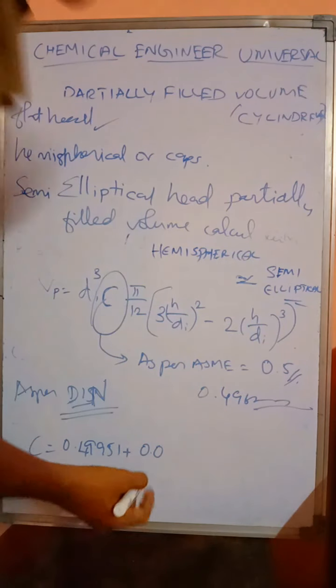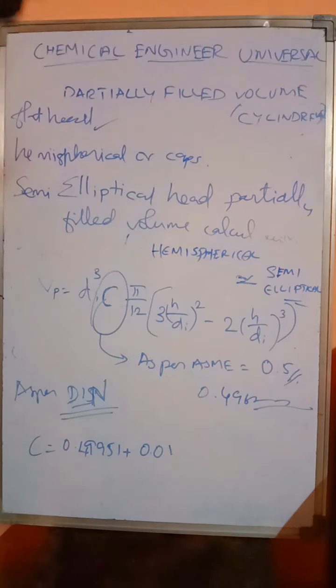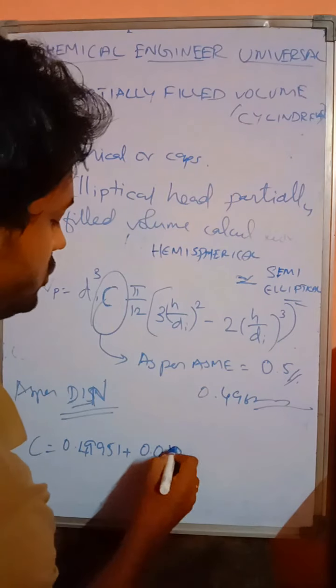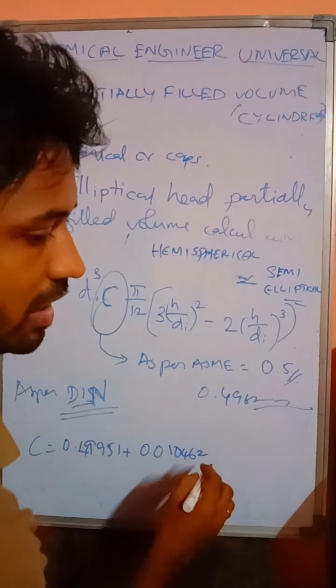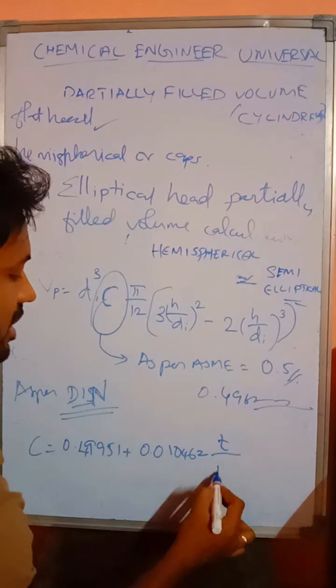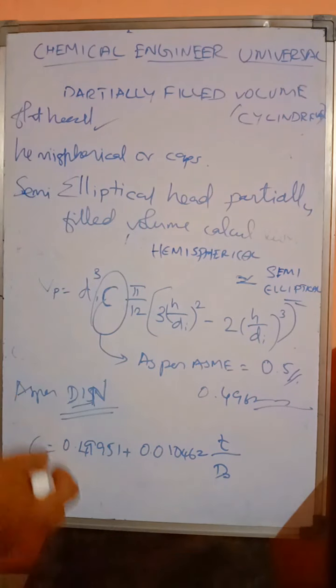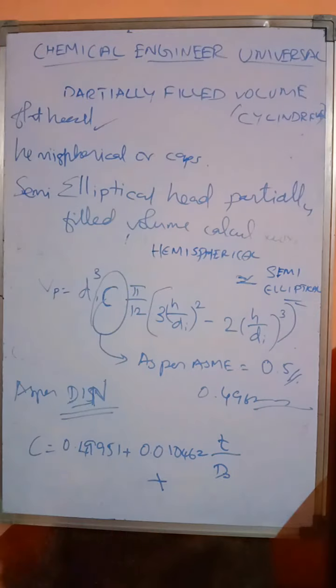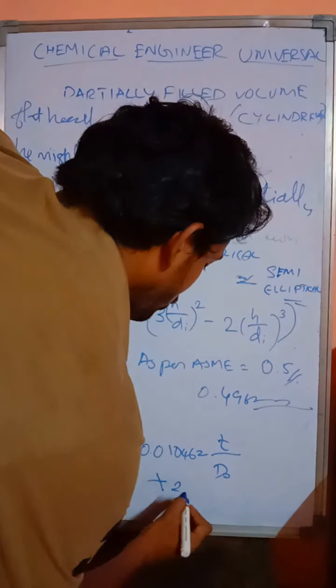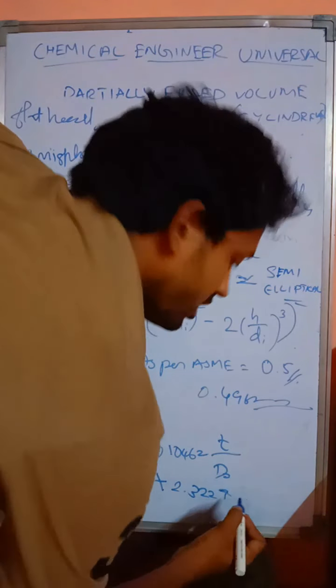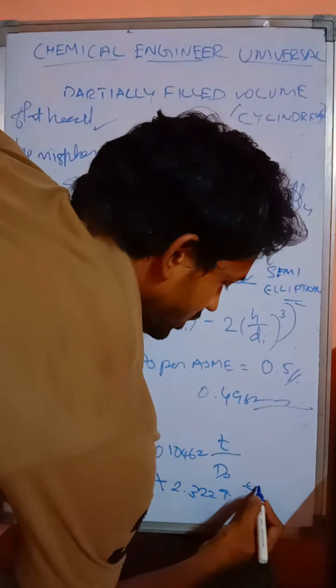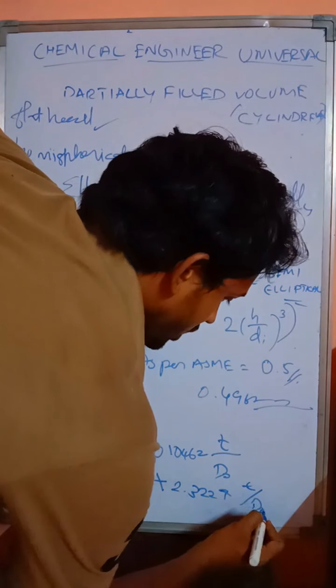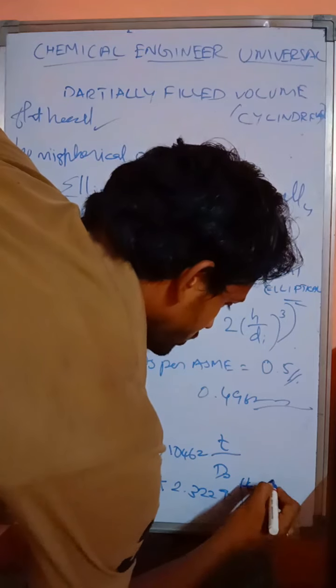If you want to know clearly, you can use this one: 10462 multiplied with the thickness divided by outer dia of the vessel plus 2.3227 multiplied with the same thickness divided by the same thing but the square.